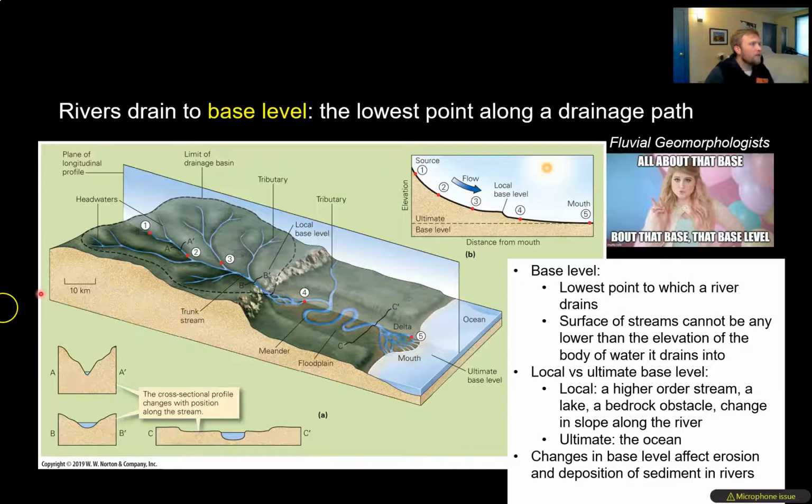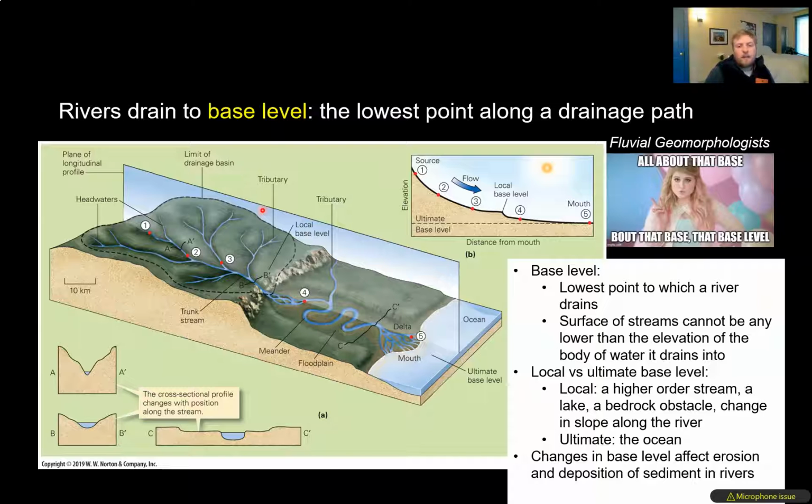So what we call the course of a river, what determines where a river will go is the base level, right? So the base level is the lowest point to which a river drains on a landscape. So this is because the surface elevation of a stream, right, can't go any lower than a body of water that it goes into, right?